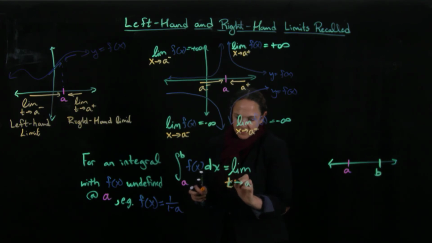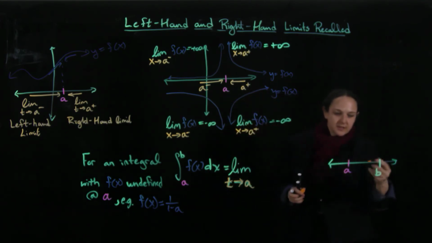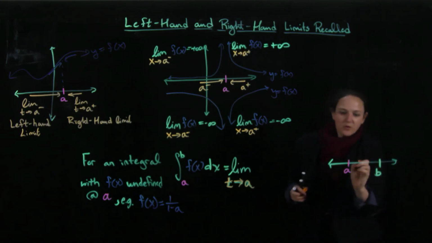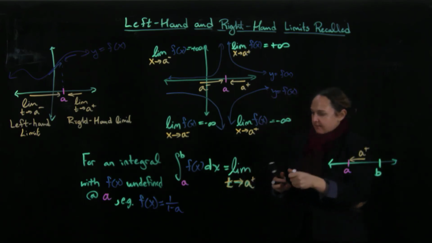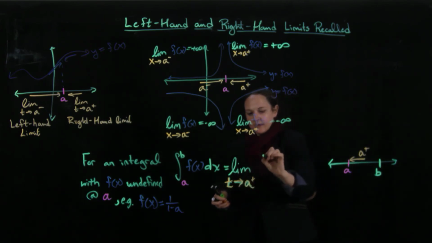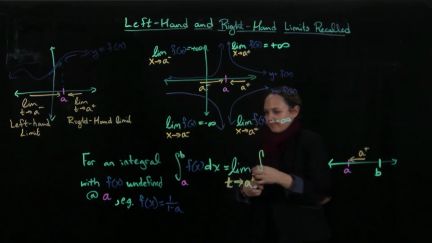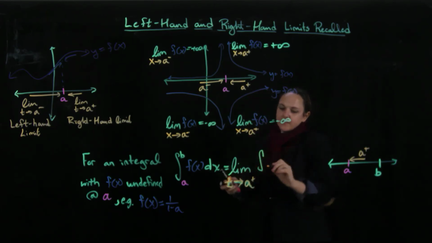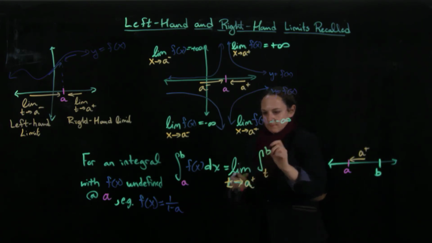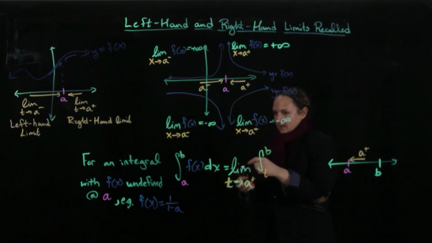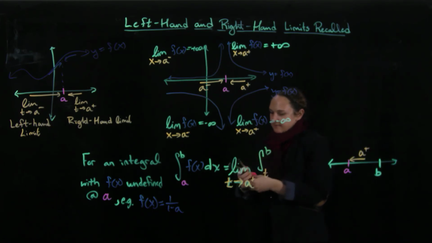So this is t goes to a. If I want to stay in this interval and approach, I need to approach in this direction. So I want to put a plus, and then we do the integral from t to b of f of x dx.